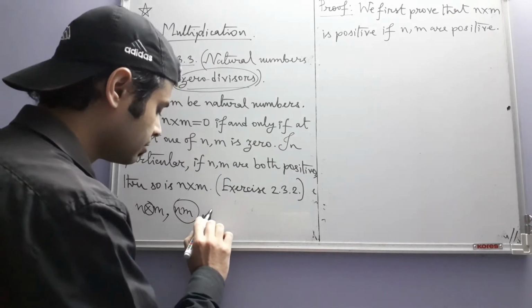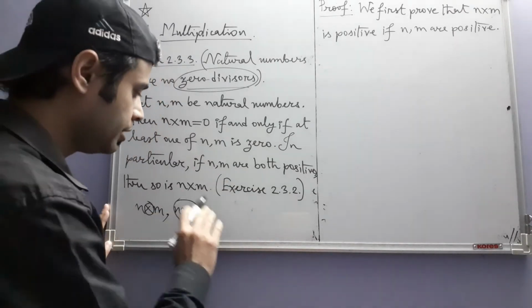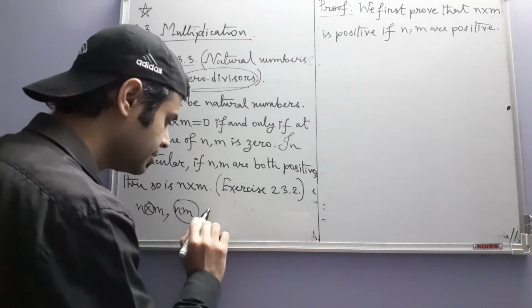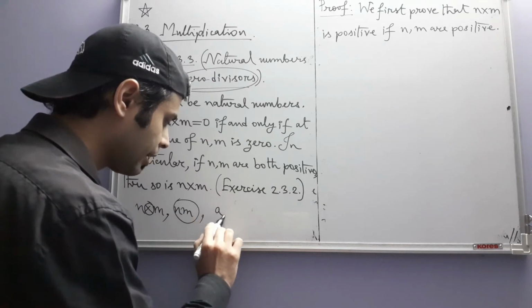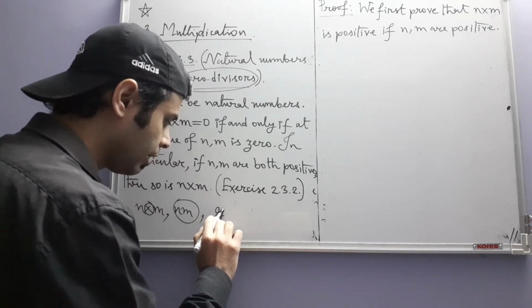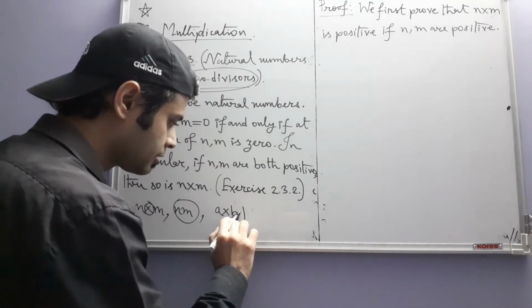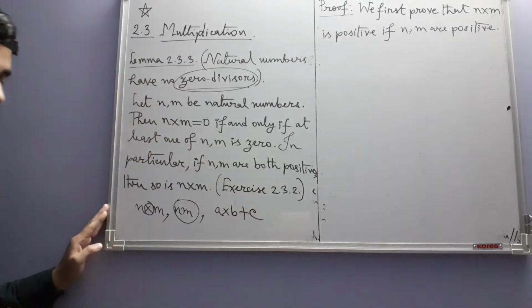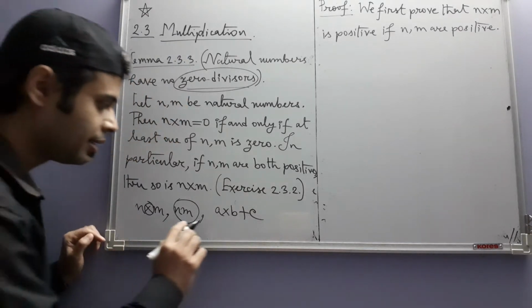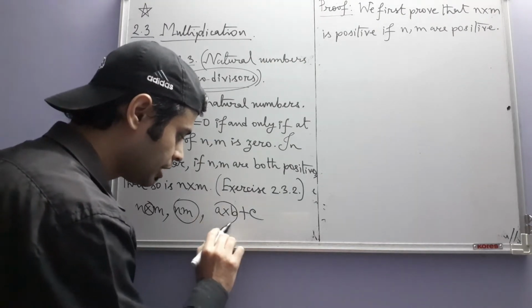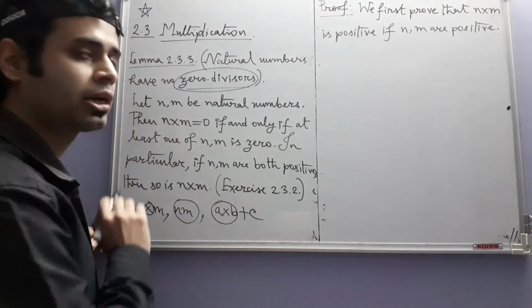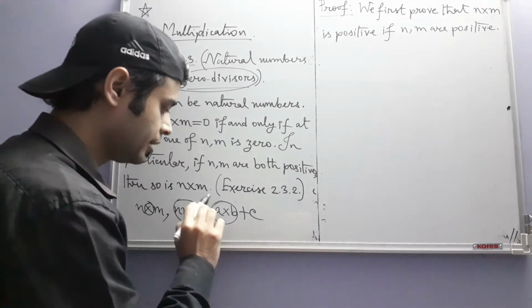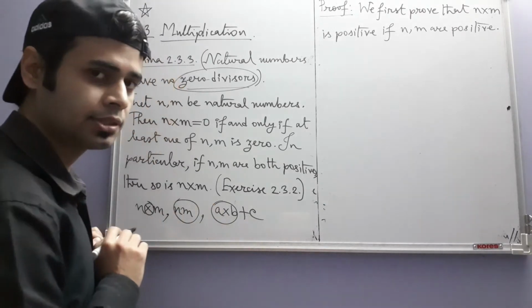So, and that is also for ease of notation. What that means is this: when I write A cross B plus C, it means that I have to calculate this product first, and then with that I have to add C.